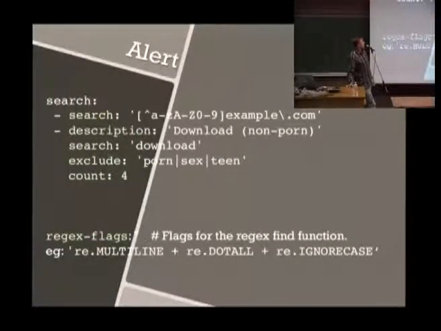You can also configure the regular expression flags. For example, I had situations where I had to search for data which was multi-line, so you just set the regex flag and you can go even further.